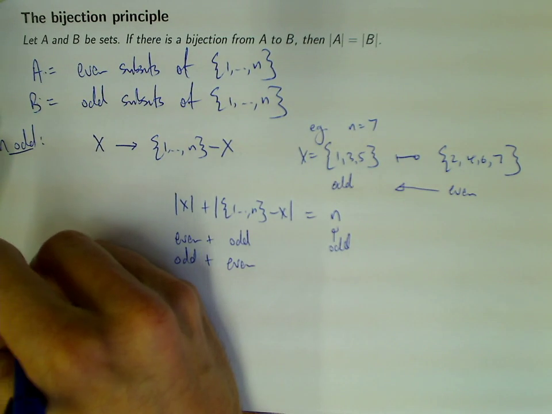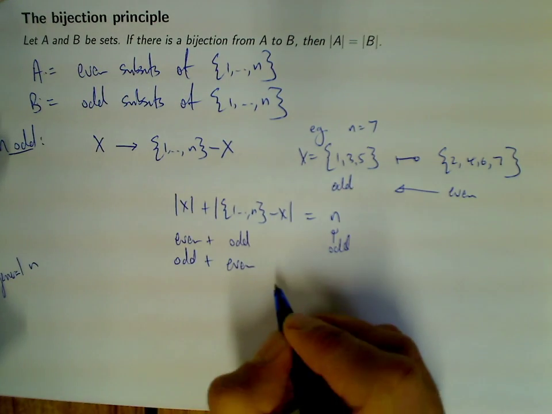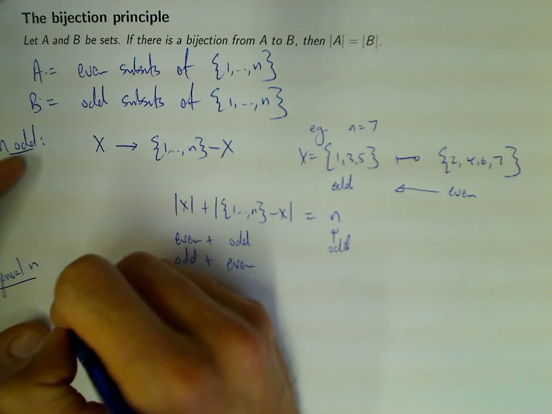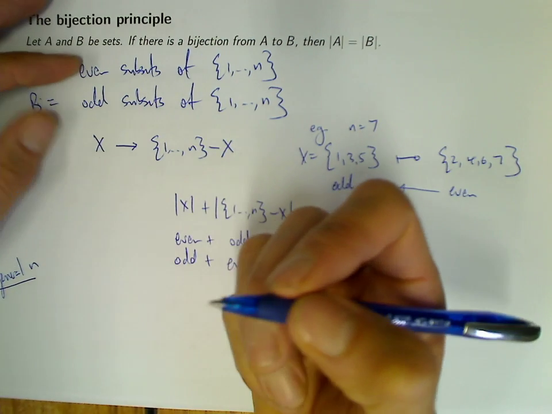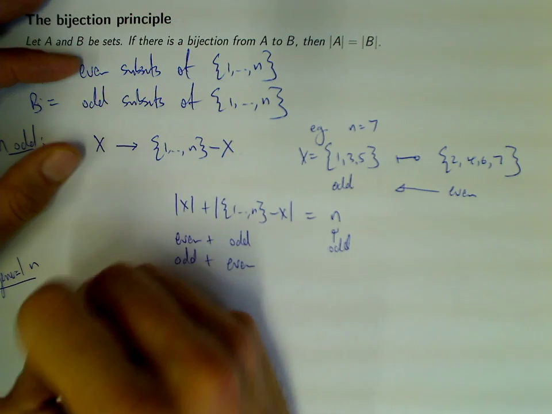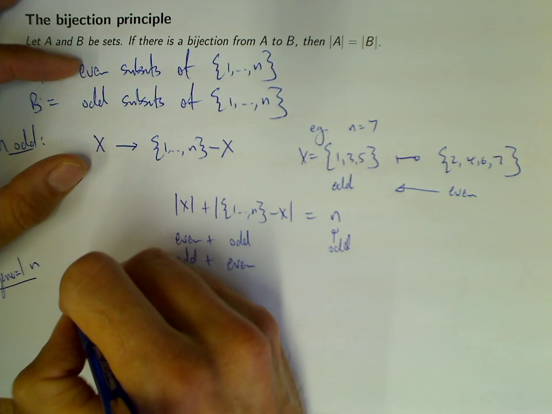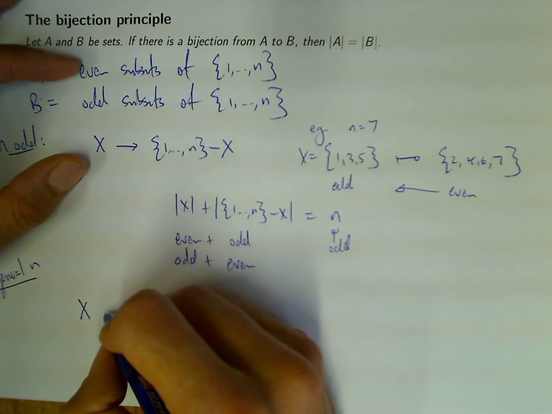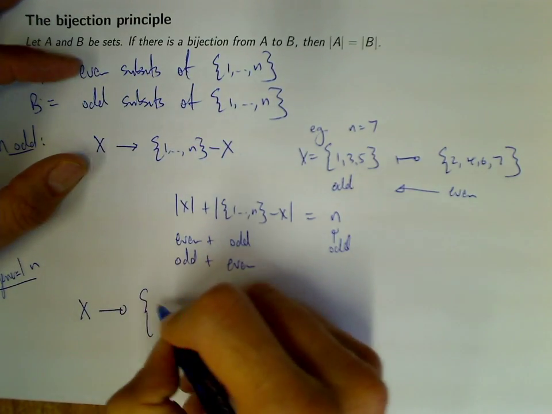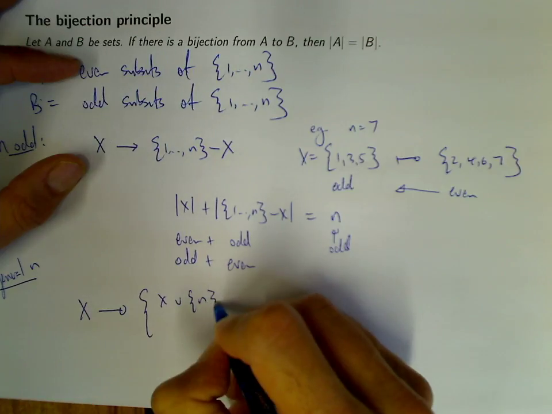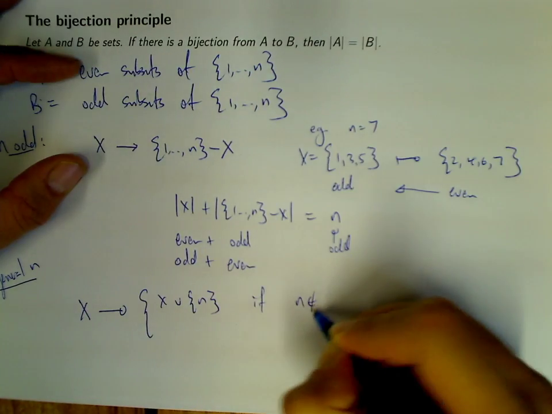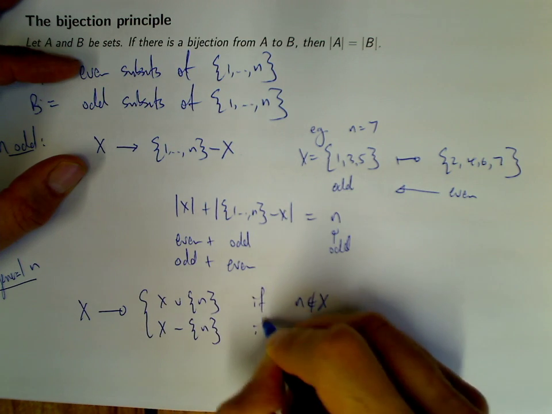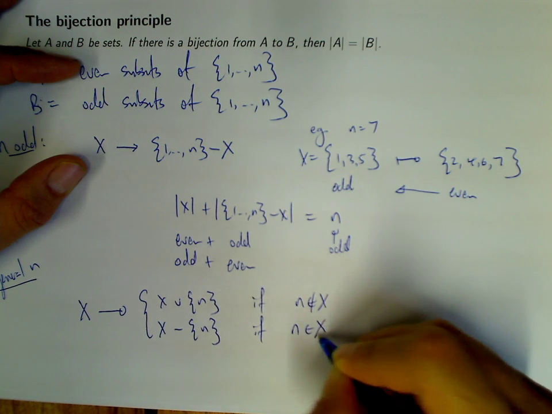So what we'll do here is not just for even n, it's for general n. We're going to single out n. We're going to send x to x union n if n does not belong to x, and x minus n if n does belong to x.